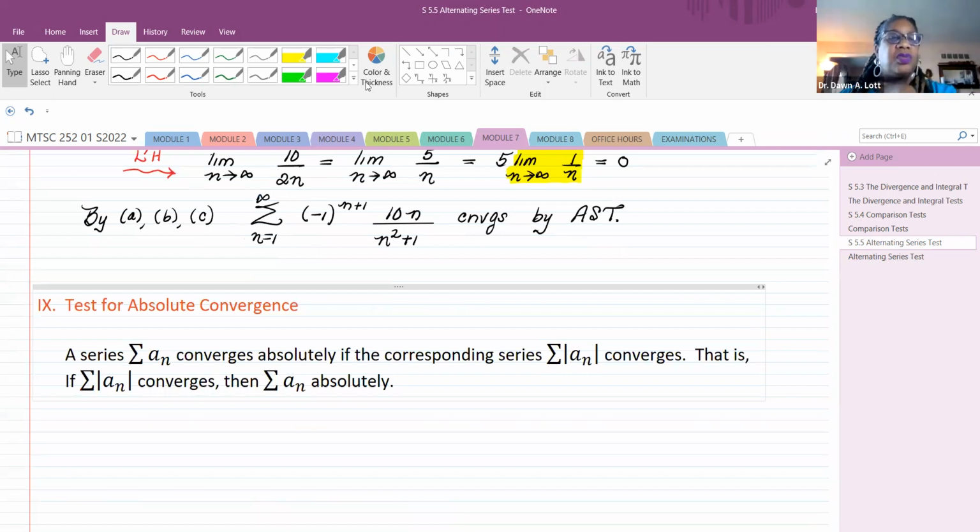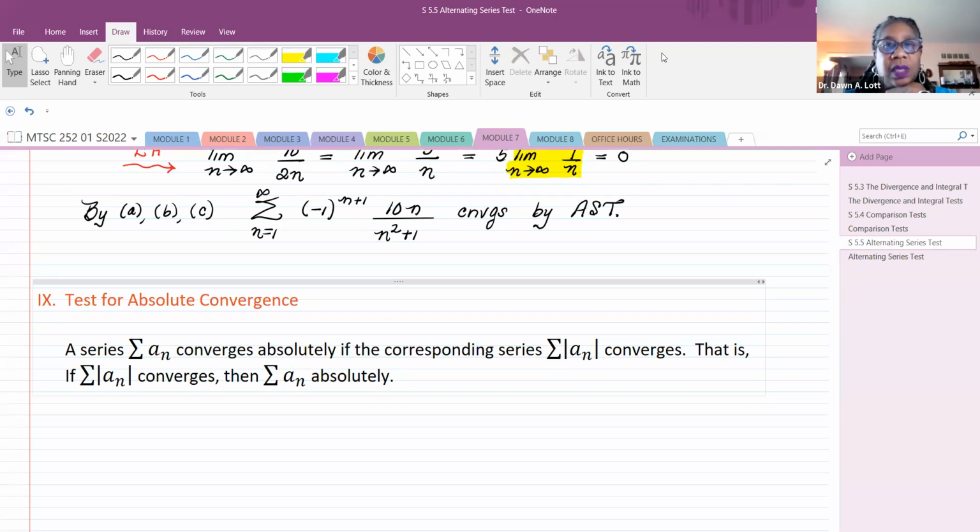It says a series, summation a_n, n equals 1 to infinity, converges absolutely if the corresponding series with absolute values converges. That is, if you can show the summation of the absolute value of a_n converges, then the series converges absolutely. Any questions? I'll give you a moment to write that down.